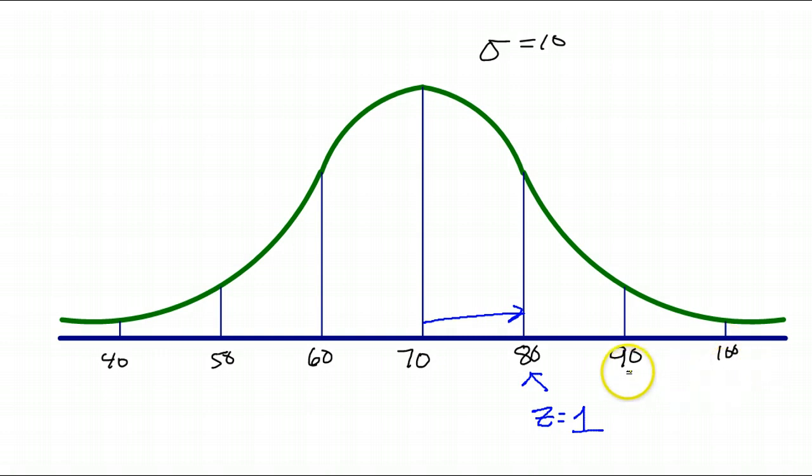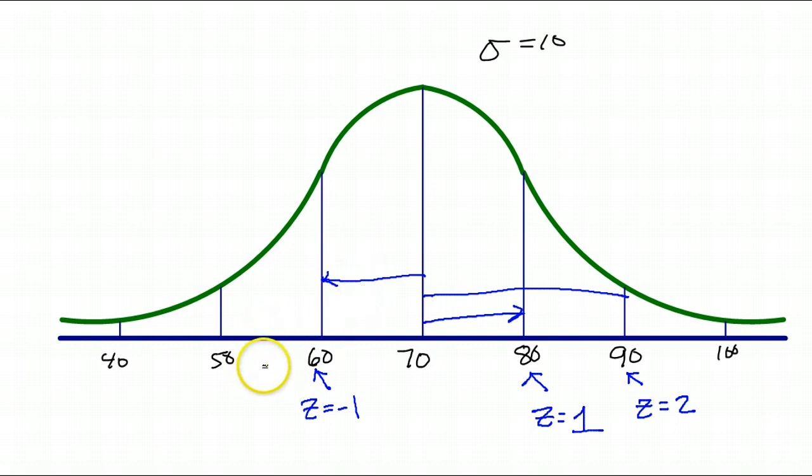Anybody with a score of 90 would be said to have a z-score of 2, because that's 2 standard deviations above the mean. If you had a score of 60, you could say you have a z-score of -1, because you are 1 standard deviation below the mean.